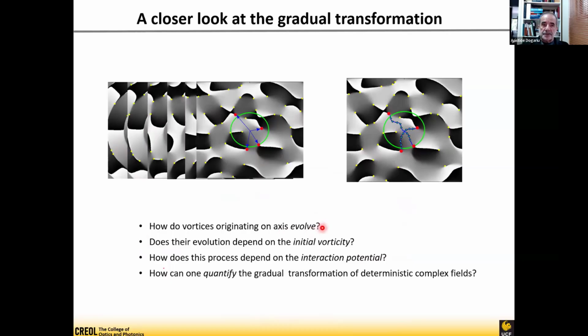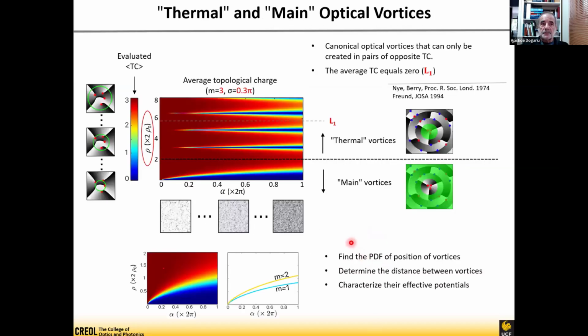So our question of interest is how do vortices originating on the optical axis evolve? We have two types of vortices. Let's stop. So you have a vortex beam, you have a perturbation, that beam degrades, and tons of singularities develop. But there are two categories.